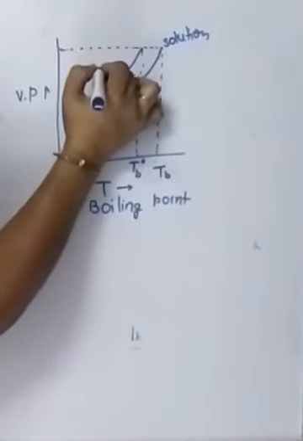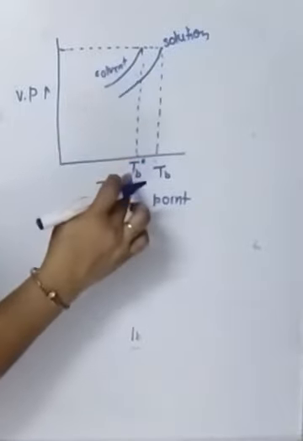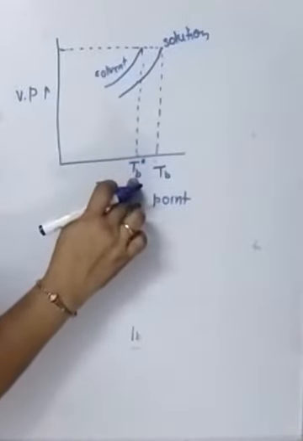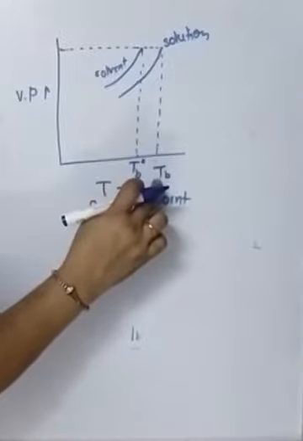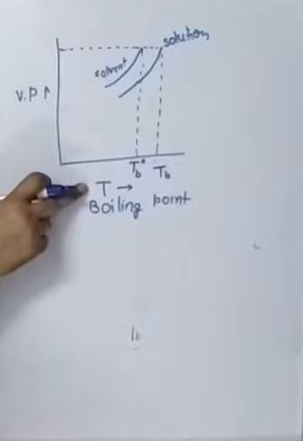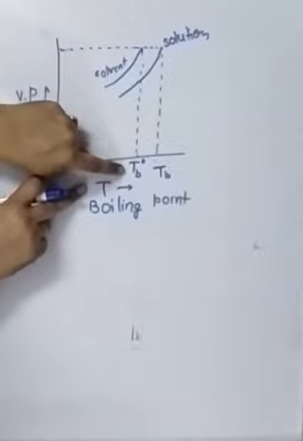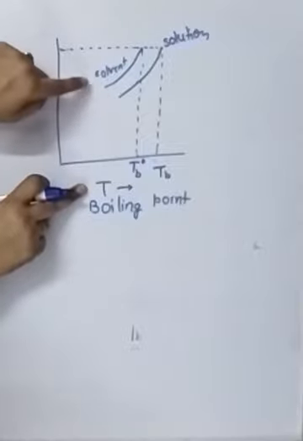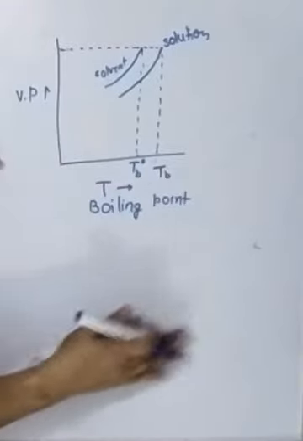So from here it is evident that boiling point of pure solvent is lesser than boiling point of solution. When vapor pressure is plotted against boiling point temperature, we'll find that solvent boils at lower temperature. On adding non-volatile solute to it, the solution formed will boil at higher temperature.